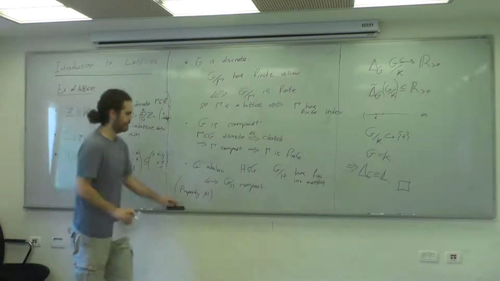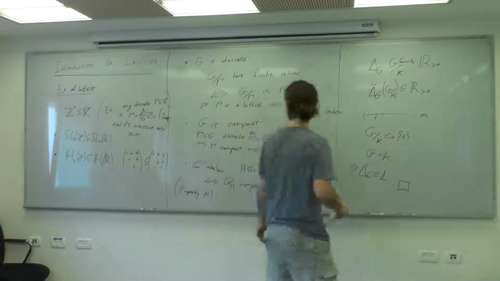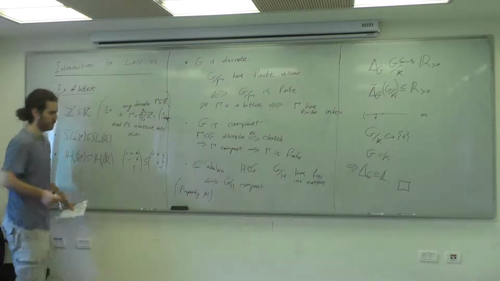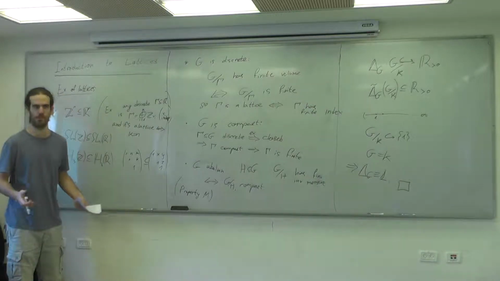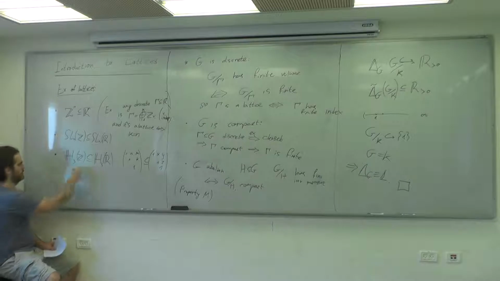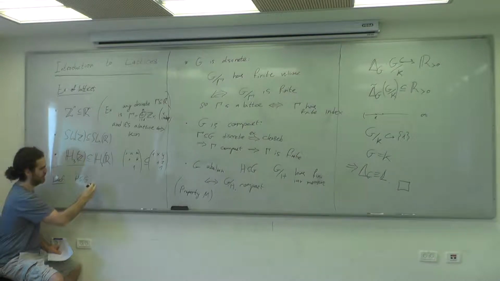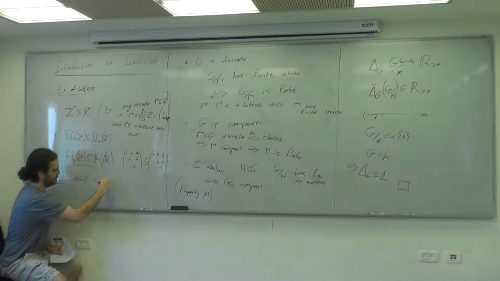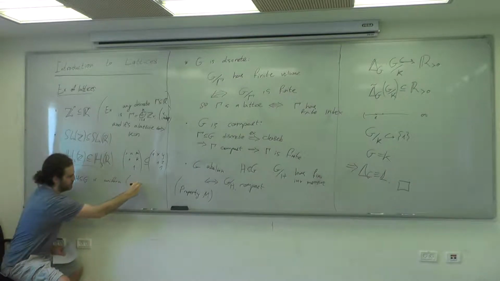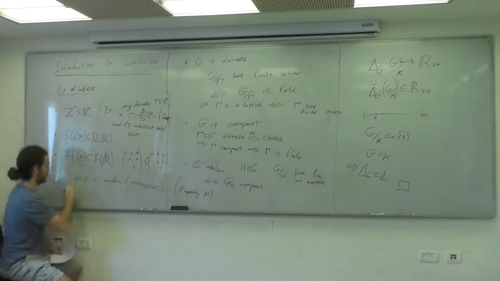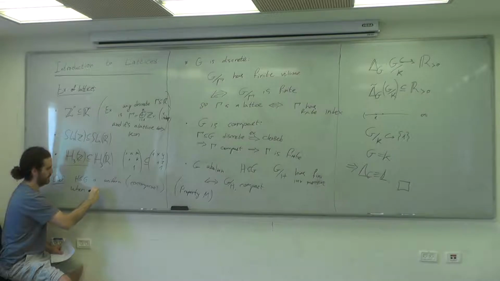And maybe I should give a definition about what is called a uniform or co-compact subgroup. Definition: a subgroup H in G is uniform or co-compact when G mod H is compact.